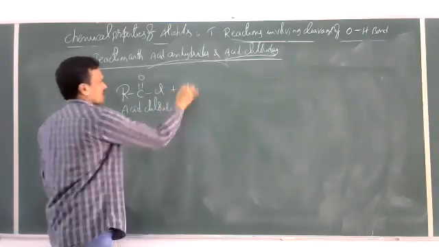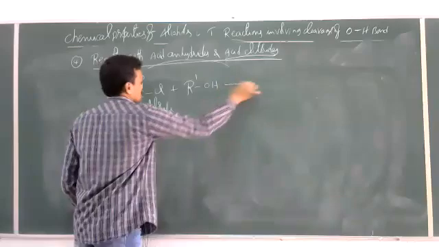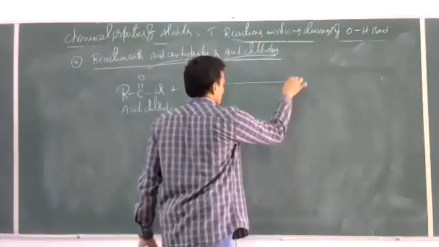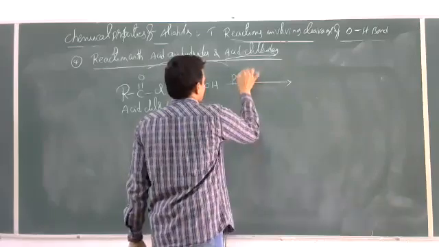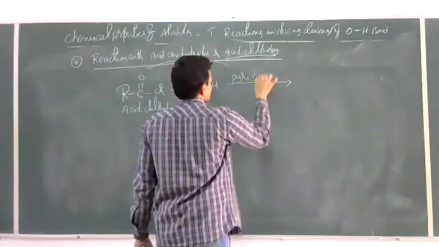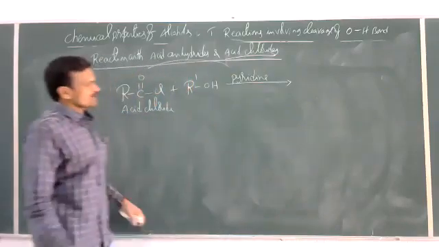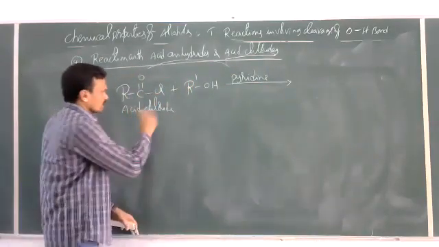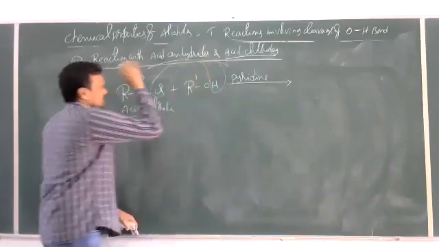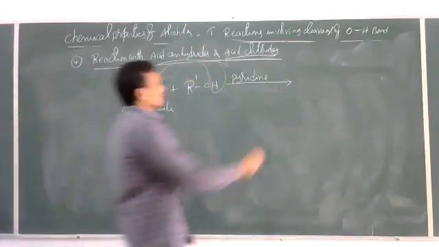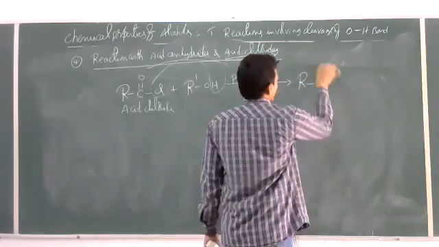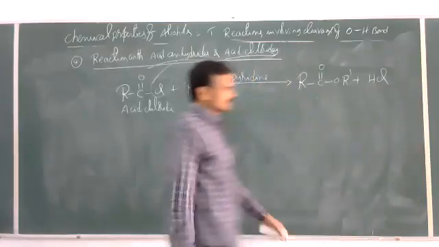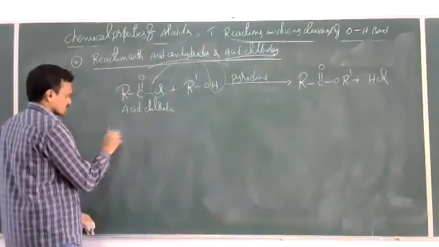When these acid chlorides are allowed to react with alcohols, this reaction is carried out in the presence of pyridine, a base. Pyridine is a heterocyclic compound with one nitrogen in the benzene ring. Then Cl minus and H plus get separated as HCl, and we can get RCOOR dash plus HCl.